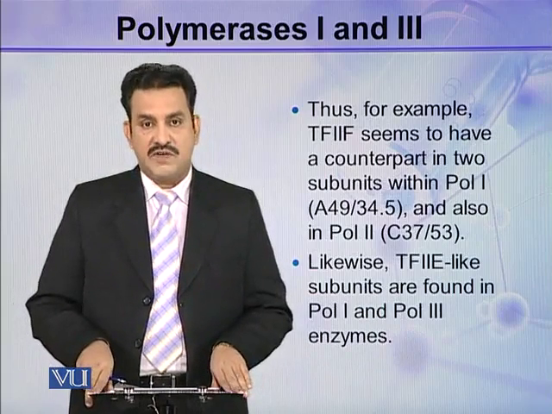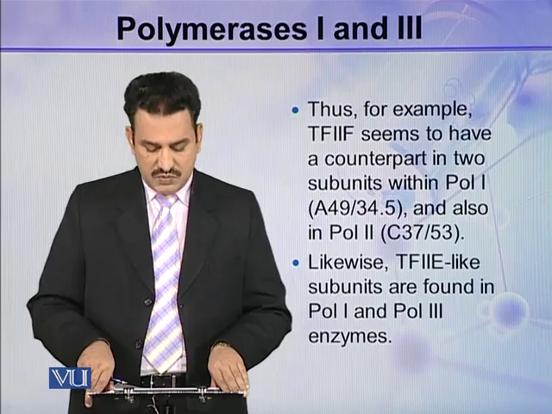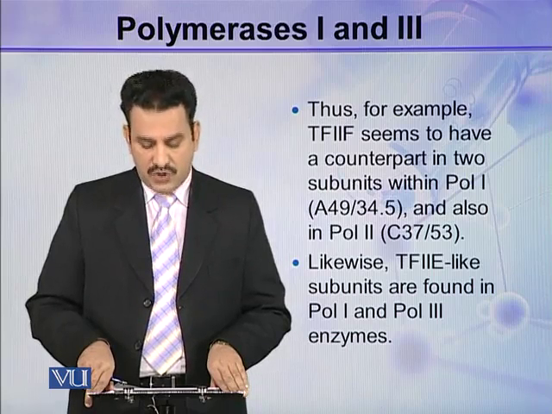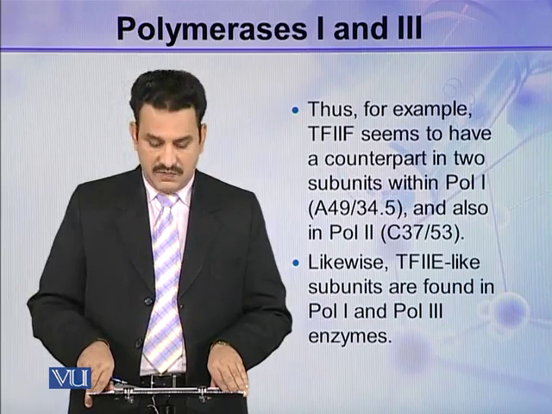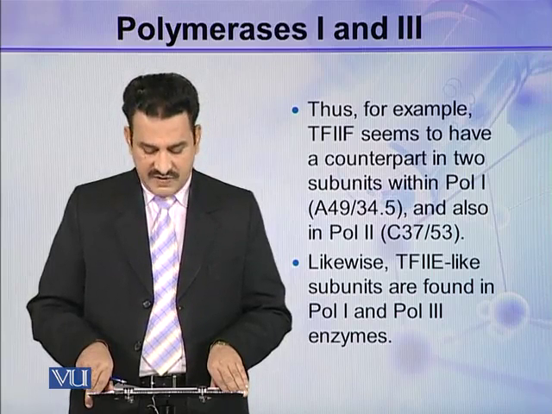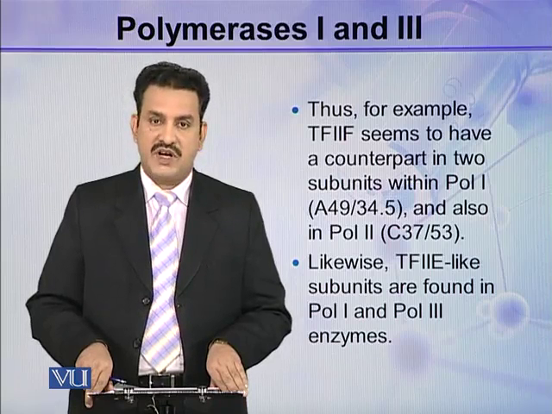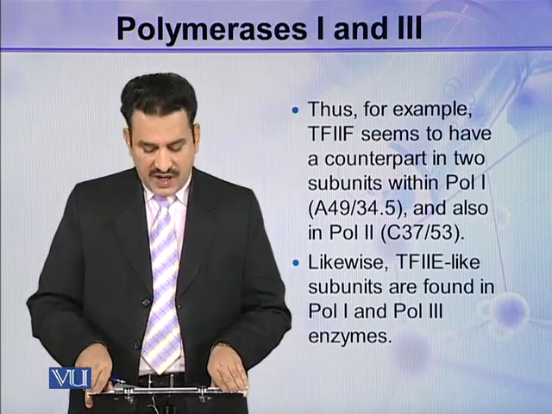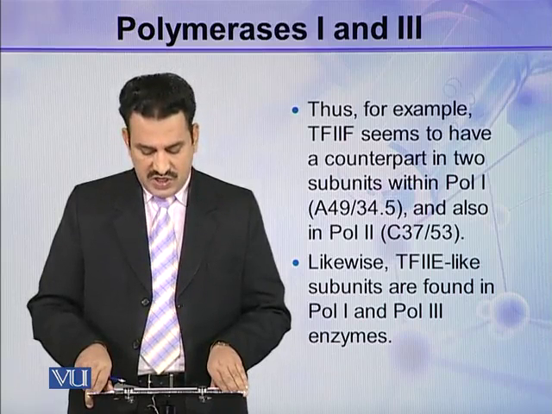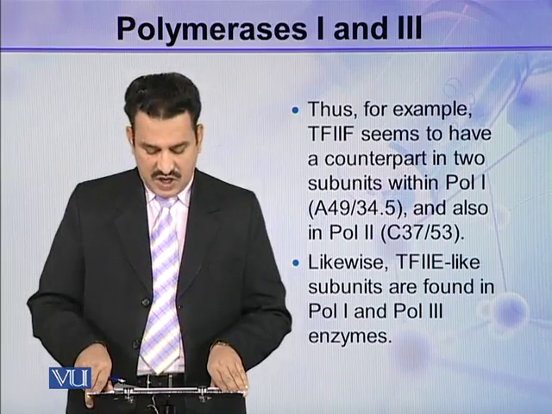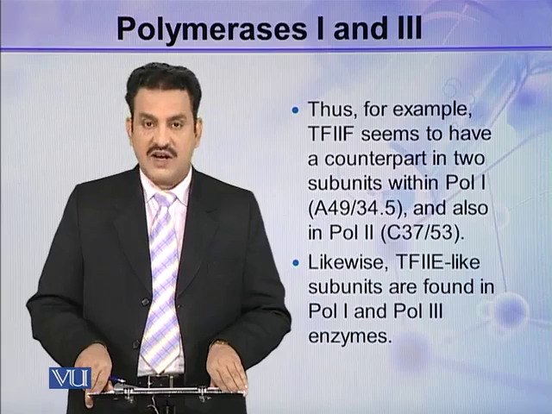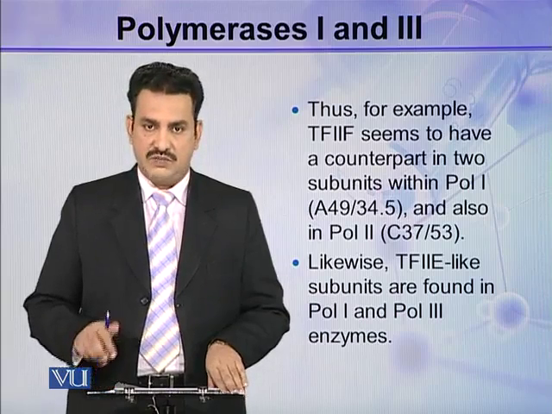Thus, TFIIF seems to have a counterpart in two subunits within polymerase 1, that is A49 and A34.5, and also in polymerase 3, that is C37 and C53. Likewise, TFIIE-like subunits are found in polymerase 1 and polymerase 3 enzymes.